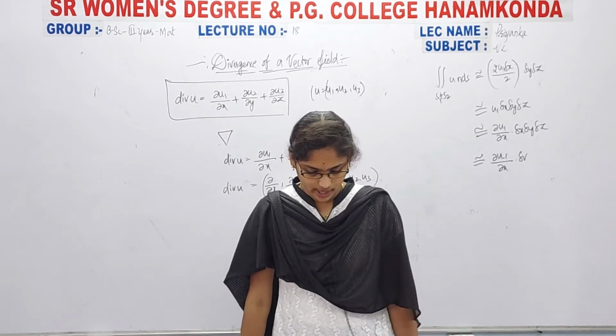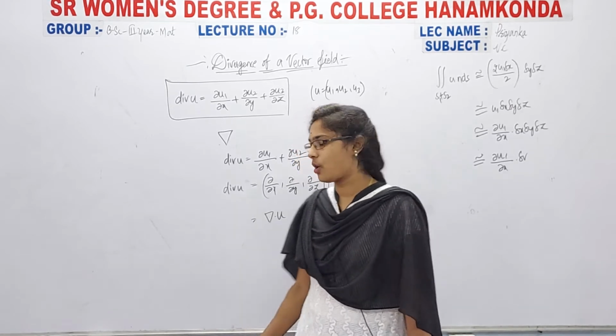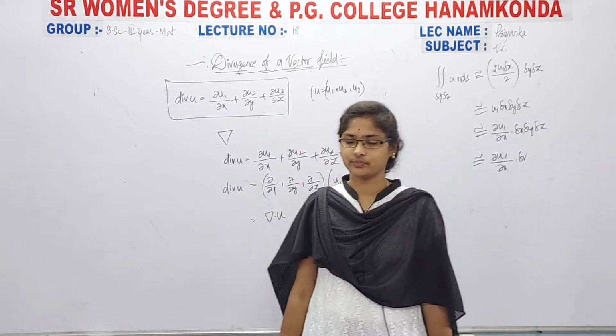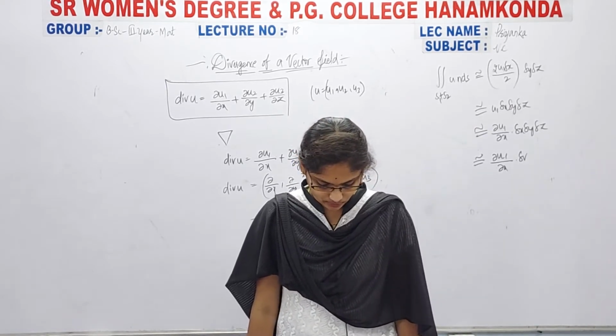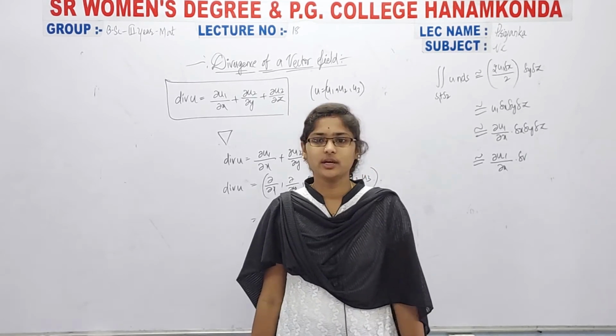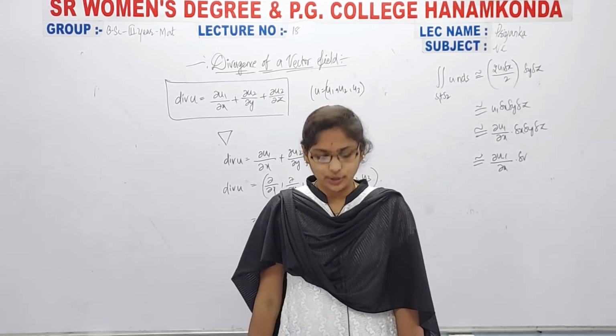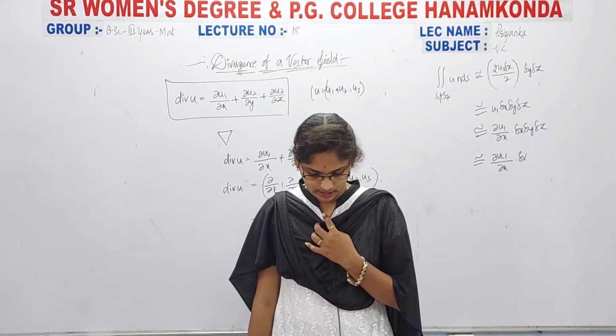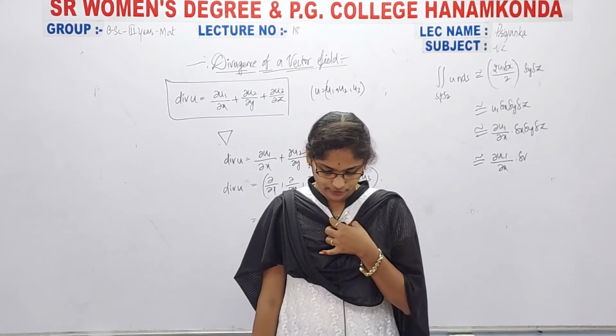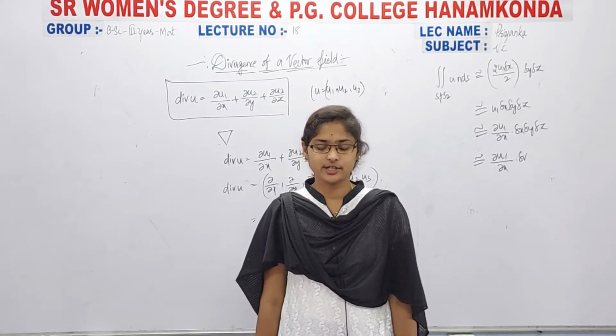Write down: the form del dot u will be used to indicate the divergence of u.